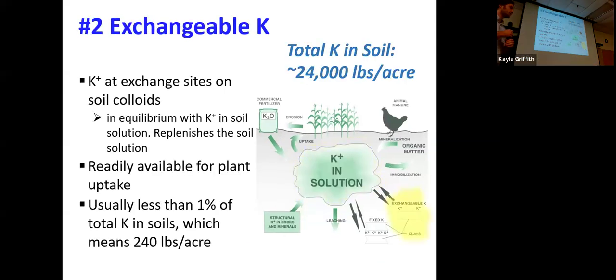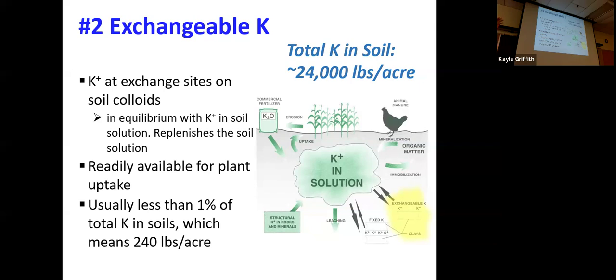Like I said, still within the realm of plant available material, we have exchangeable potassium sitting at the surface of the minerals that can be removed or exchanged and then readily available for uptake by plants. And of course, like any other dissolved material in solid and liquid phase, it's sitting most of the time in an equilibrium.